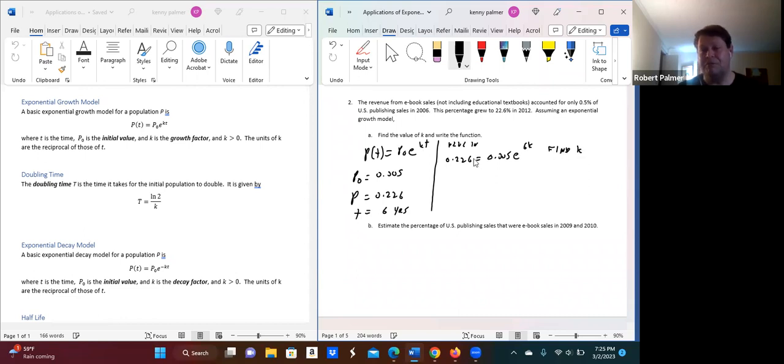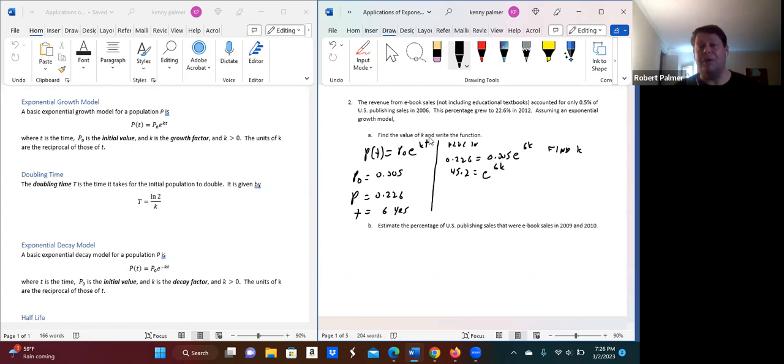All right. So first off, let's divide both sides by this 0.005. And that comes out to 45.2 is equal to e to the 6k.